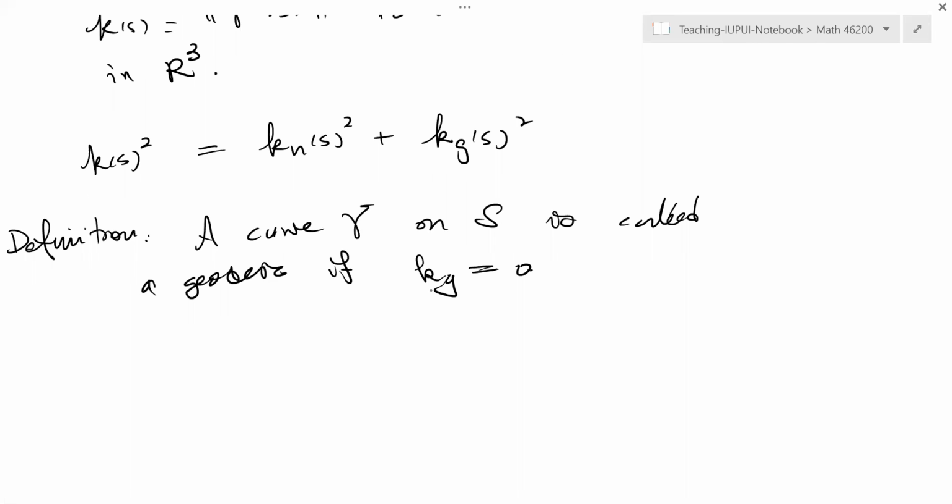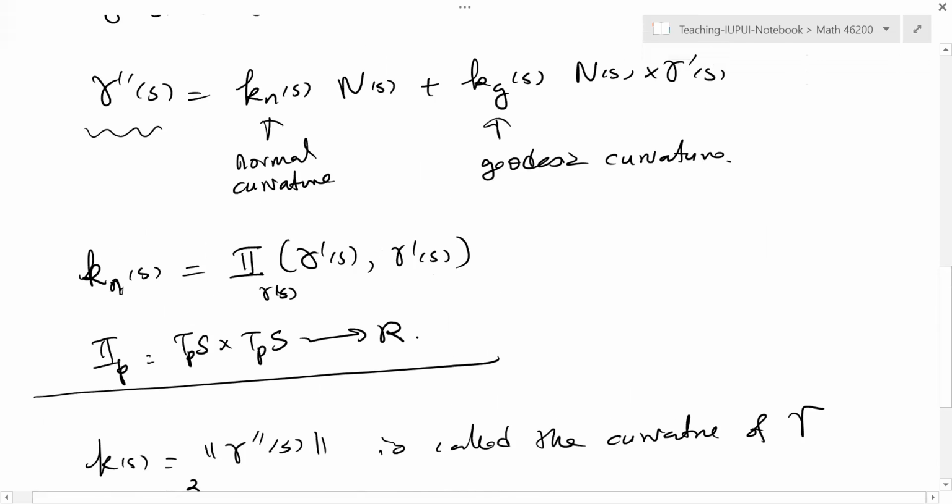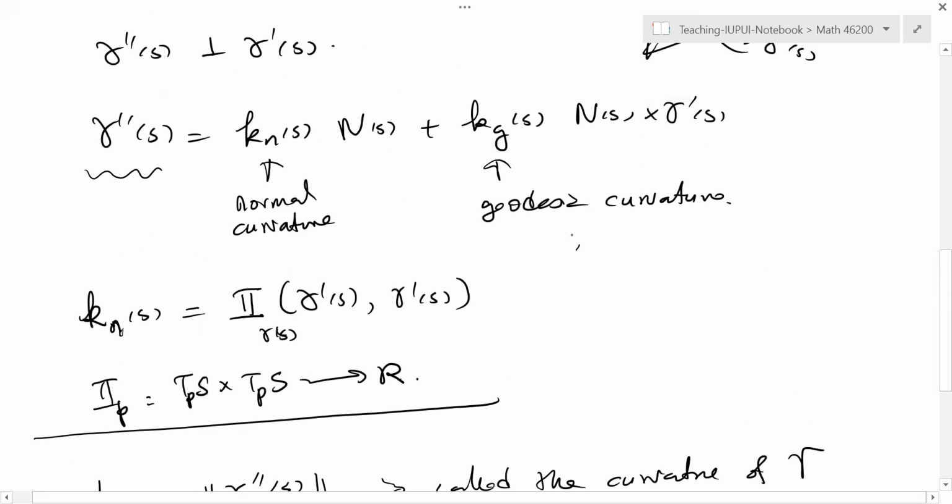Step 1, you parameterize the curve by the arc length. Then it's given by this formula, right? So then you can compute gamma double prime s and gamma prime s.